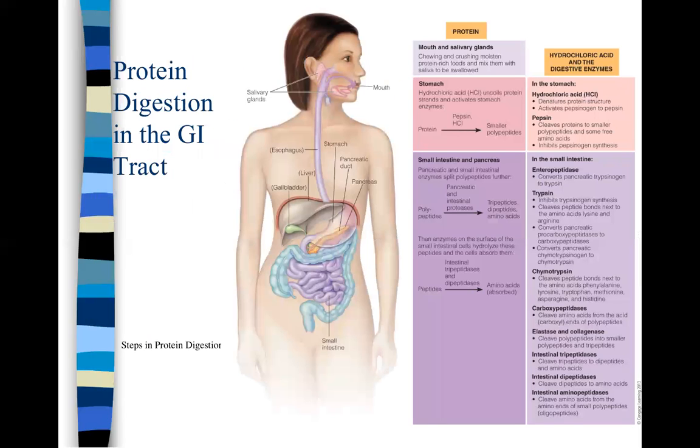So this is an overview of protein digestion. In our mouth, we start by chewing our foods, and this can break down the proteins into smaller particles so that they'll be exposed to more enzymes. It will increase the surface area of the proteins. But we really don't have a lot of digestion or absorption happening in the mouth.